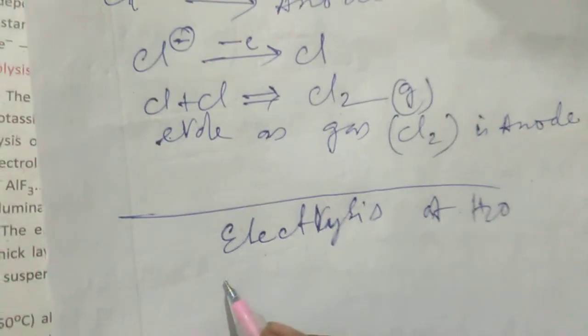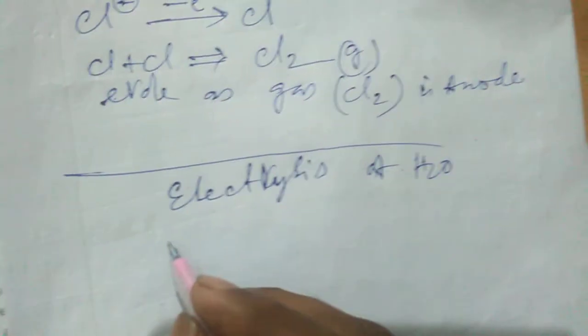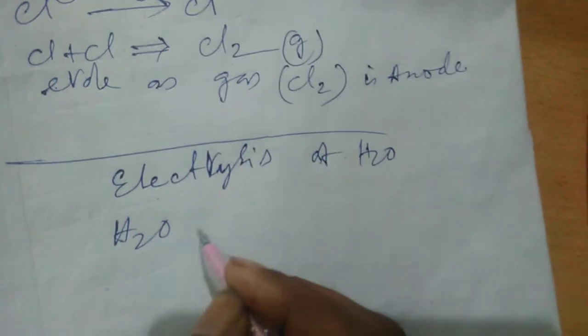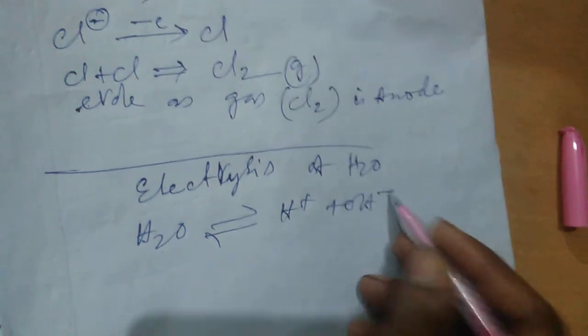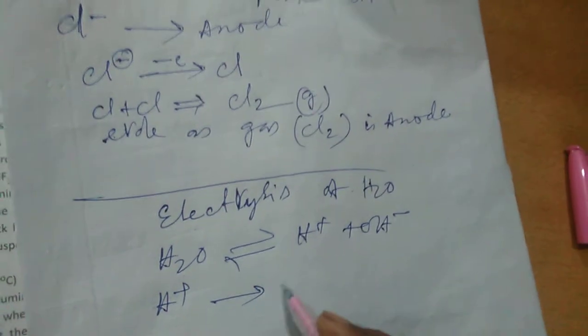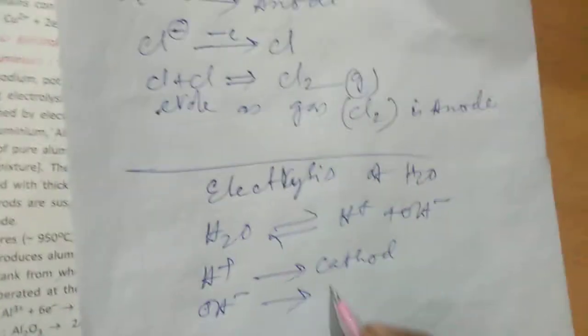If only a small amount of acid or base is added to it, then it ionizes highly. So in the ionized condition, H2O dissociates into H+ and OH- ions. Now you know H+ is a cation, it will go to the cathode, and OH- is a negatively charged ion, it will go to the anode.